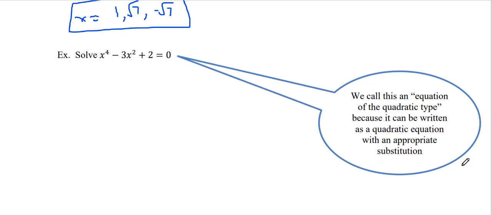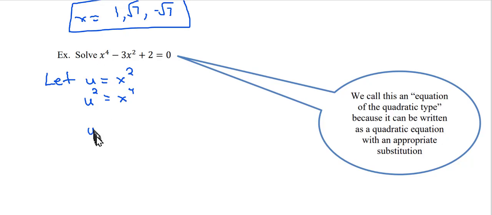One thing that you can do is if you recognize that the exponent here, this 4, is double the exponent on this middle term, and here we have a constant, you can do a substitution by saying let u equal x squared. Well, if u is x squared, then u squared would be x to the 4th.